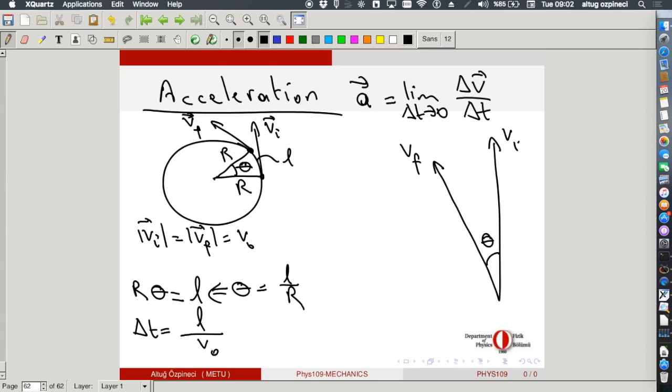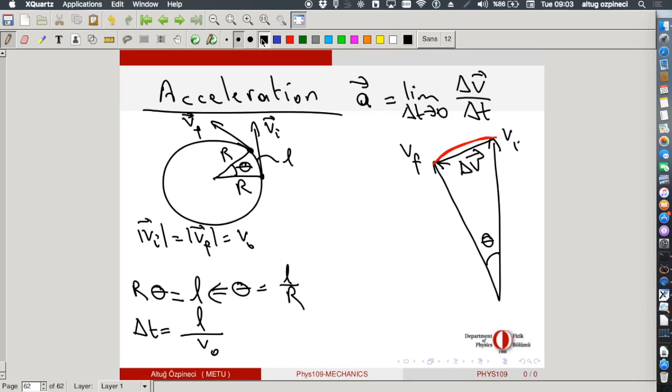And this vector over here is my delta v. And let's also consider this arc. This is the arc of the circle.